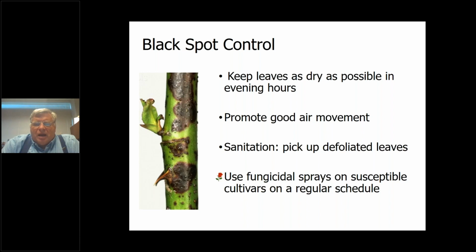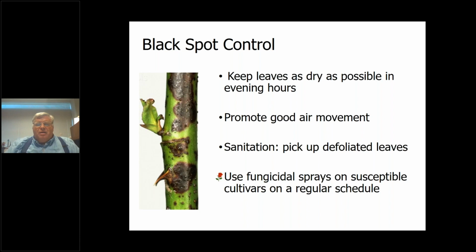A gentleman last year told me that, not for his roses, but he had some big fans on his deck to keep the deck boards dry, because his wife had mobility issues. And he noticed that wherever the fans were blowing towards the roses, they didn't have black spot, but the ones that were not downwind from the fans did.